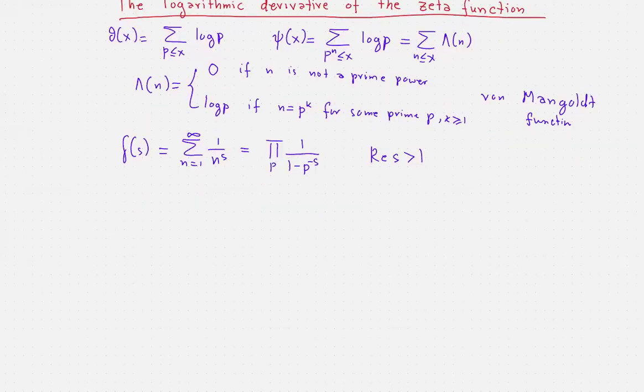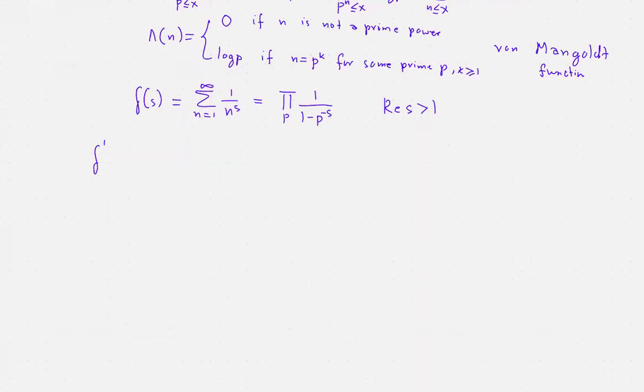So remember we said before that if a function is a product of functions, then the logarithmic derivative of that function is the sum of the logarithmic derivatives. So here we should expect to get the derivative of 1 over 1 minus p to the negative s over the function itself. And what is the derivative?